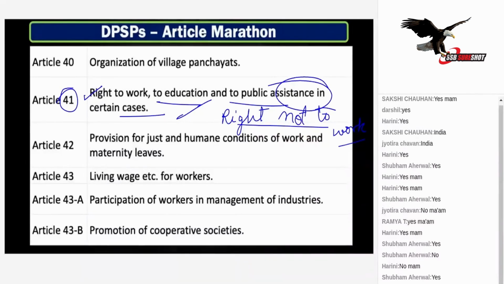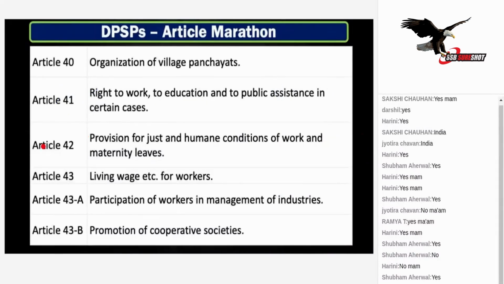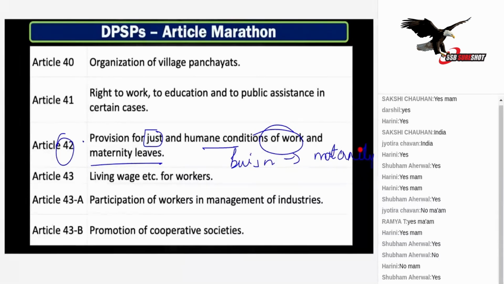Okay. Article 42. Article 42 says just and humane conditions of work, and maternity leave. You'll see in many businesses or corporations you would find maternity leave, or in every government job you would find maternity leave.